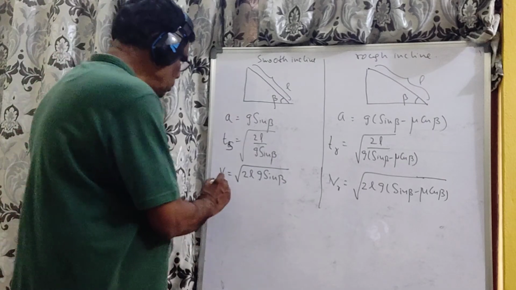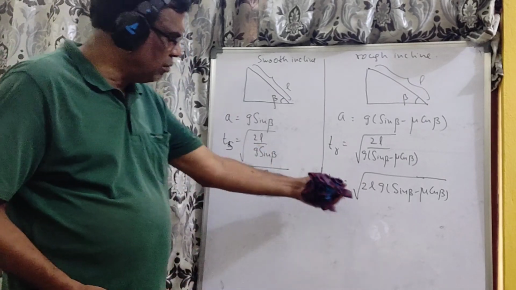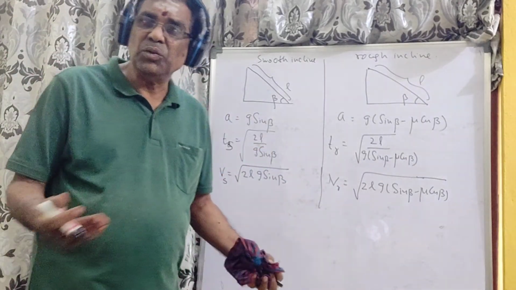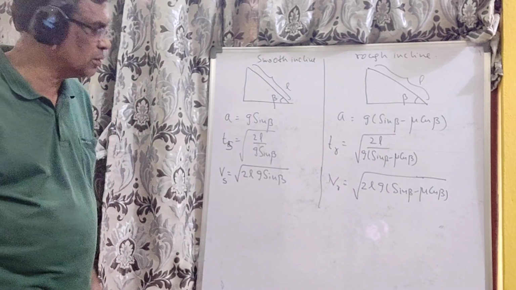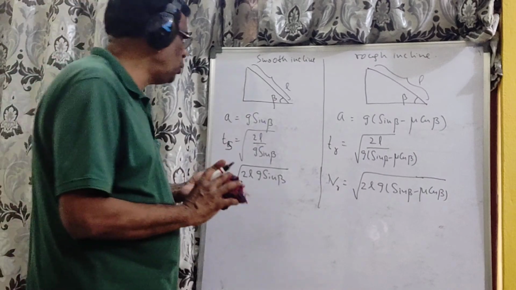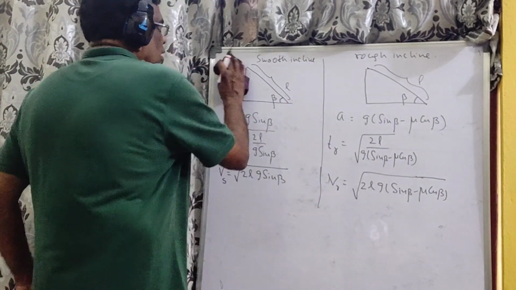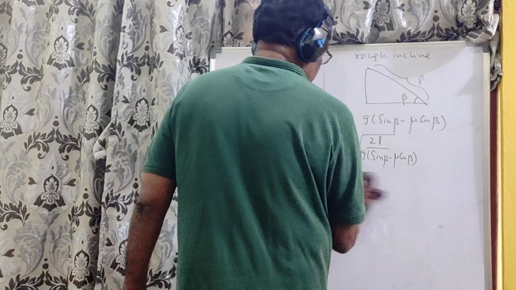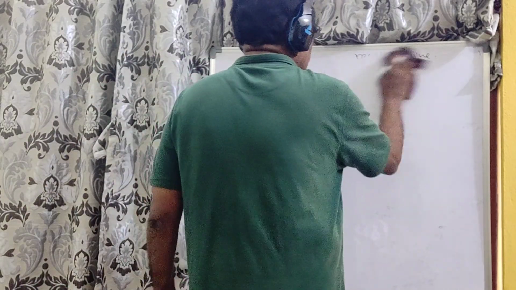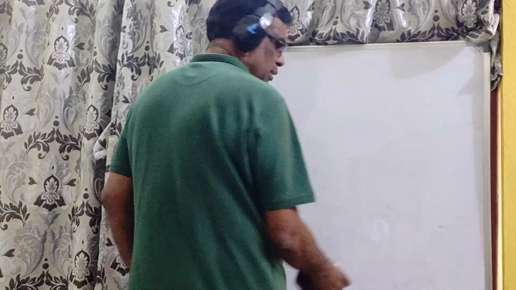So this is for smooth. Again, they may give any relation, then you can try and find out. Get the point here? So many ways to do this. They can ask any problem based on these simple things. Okay?